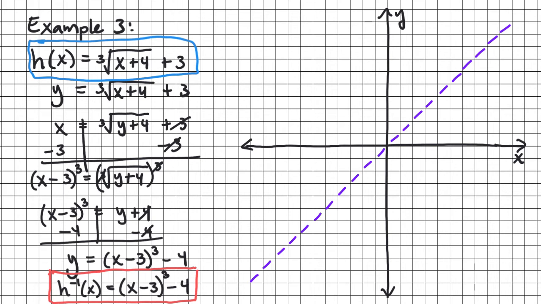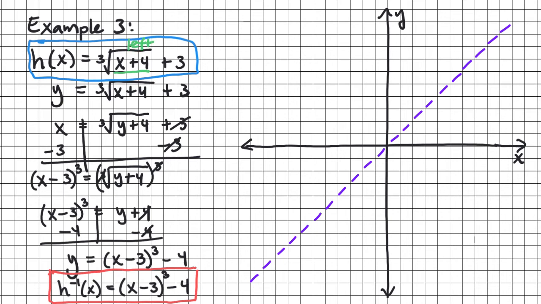Now we're going to graph, but we're going to use the rules of transformations, because if you remember when we did transformations, we would graph cubic functions and cube root. And so if you remember, the plus 4 means we're going to go to the left 4.